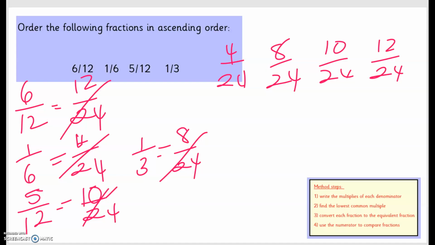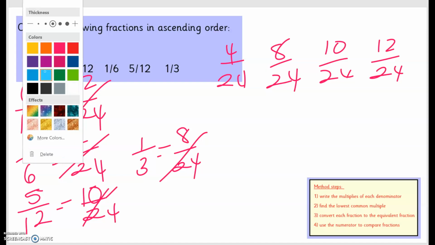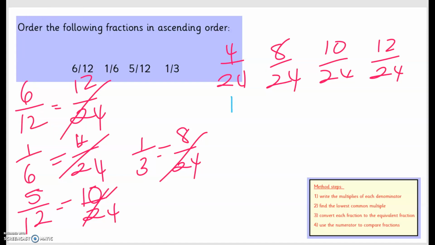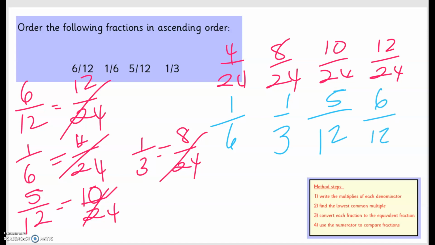Okay, now underneath I can write them in their original form. So we had 1/6, 1/3, 5 12ths, and 6 12ths.